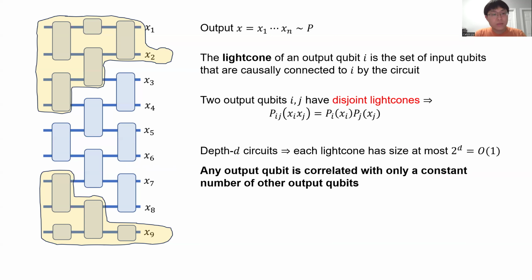For a shallow depth d circuit, where d is a constant, no matter how the gates are arranged, the expansion in the light cone size is at most 2 to the d, which is still just a constant. From this, we can show that for a shallow circuit, any output qubit is correlated with only a constant number of other output qubits. In other words, the distribution P has a limited dependency structure.